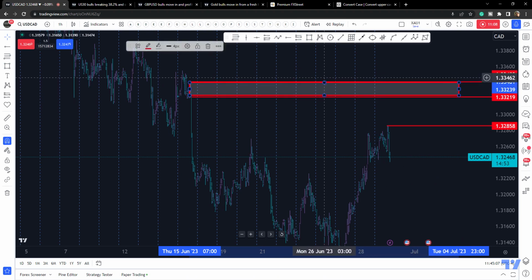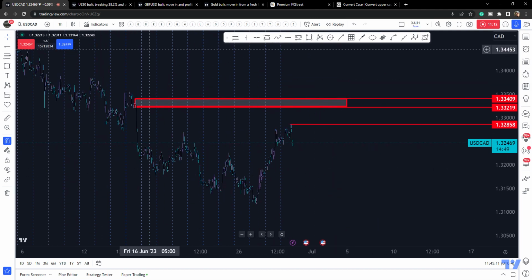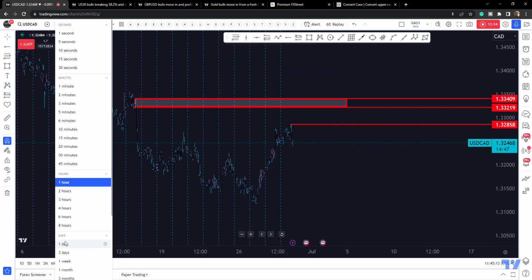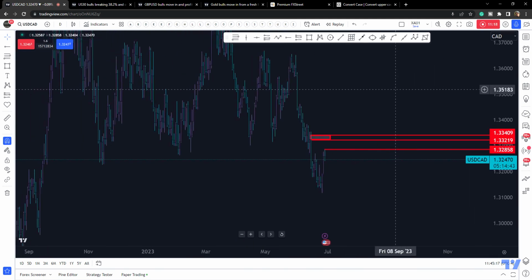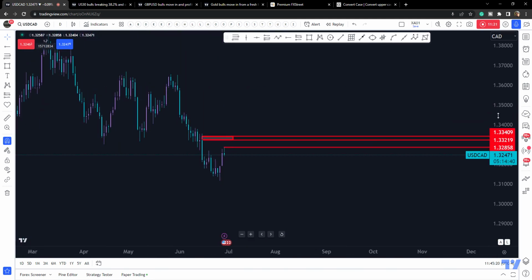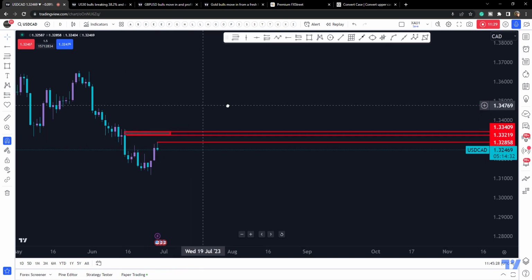Okay. So on the daily chart, this could continue up on a break of these highs up into here.